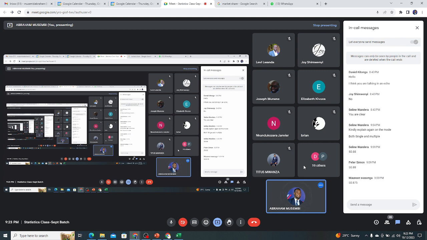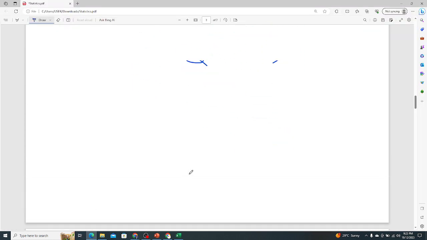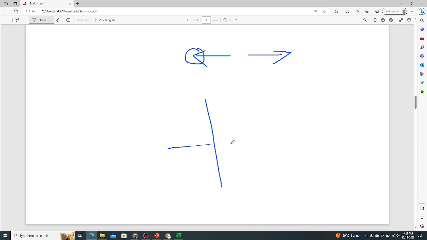So basically, for example, if we were to illustrate in layman's language, I don't know if it is mathematically correct. Let's assume we have our different data points and the average point, the mean, is at this point. Then we plot other data points.